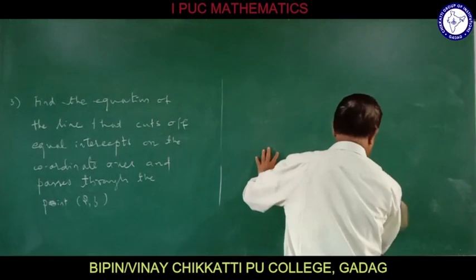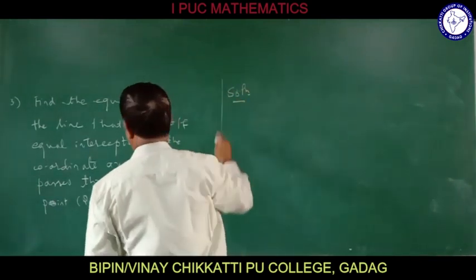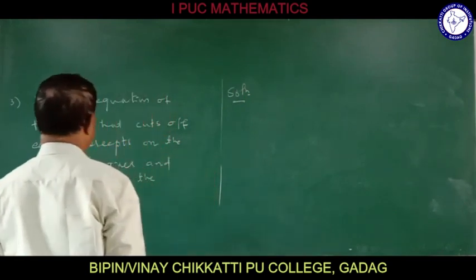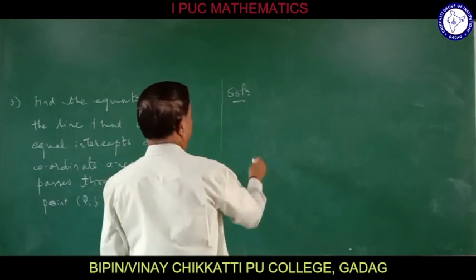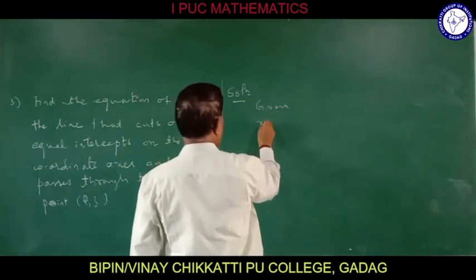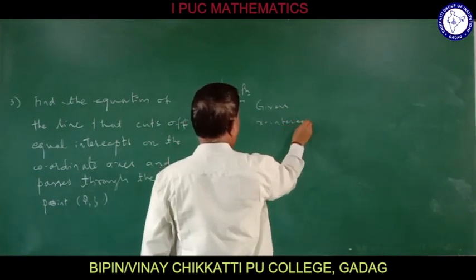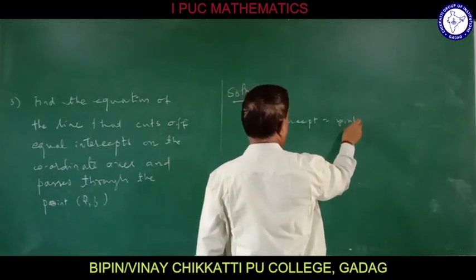Solution: find the equation of a line that cuts off equal intercepts. Given that the x-intercept is equal to the y-intercept.